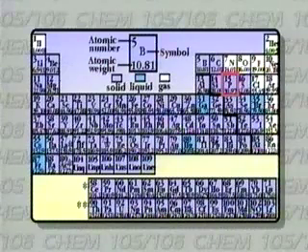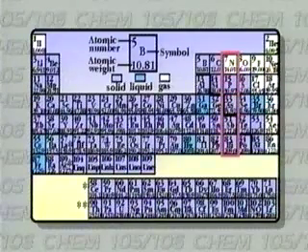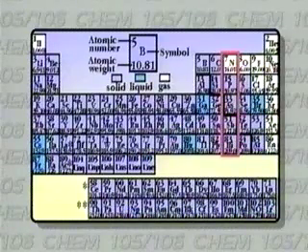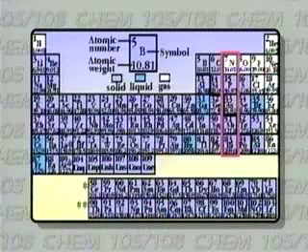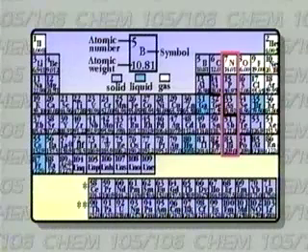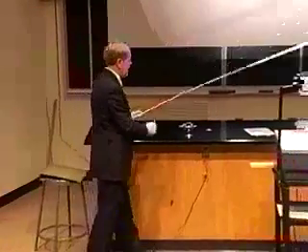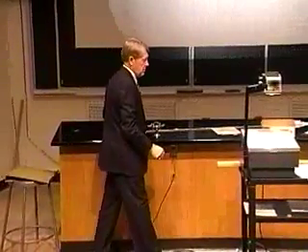So elements in this column here, this family, nitrogen, phosphorus, arsenic, antimony, and bismuth, all have 5 valence electrons. They would have the 2s, and then for phosphorus we'd be 1, 2, 3 positions over, 3p. So it has an s2p3 structure, so it has 5 valence electrons.